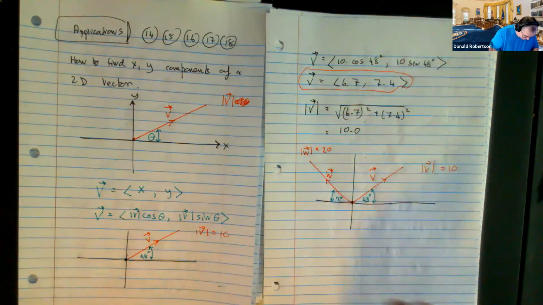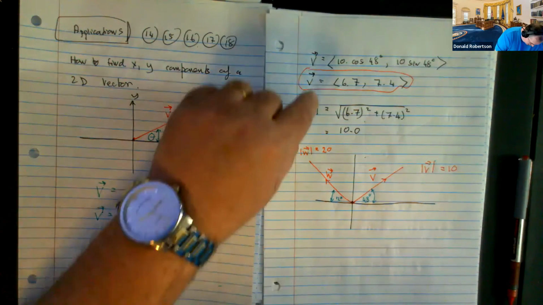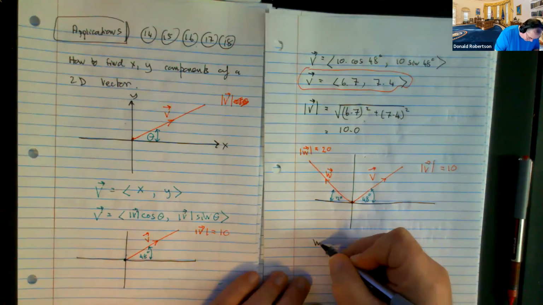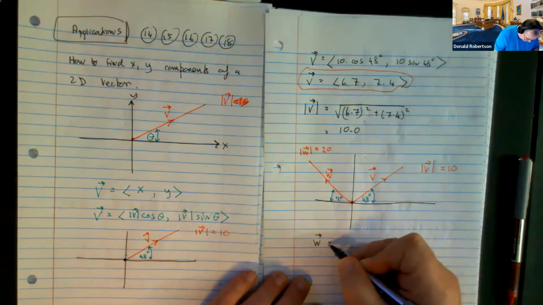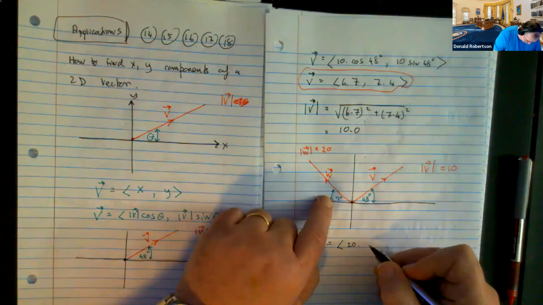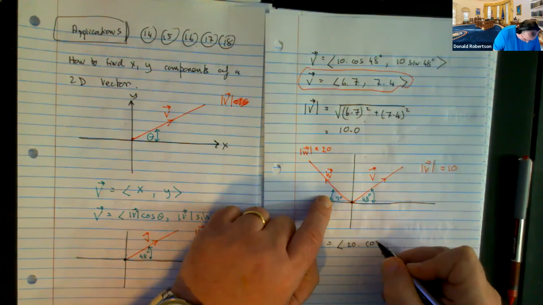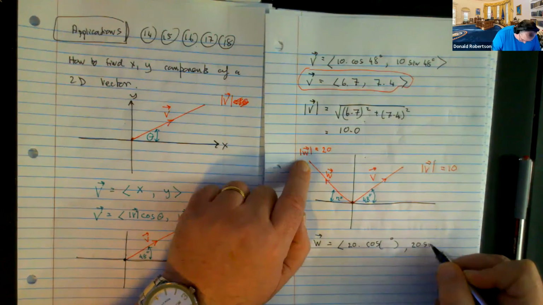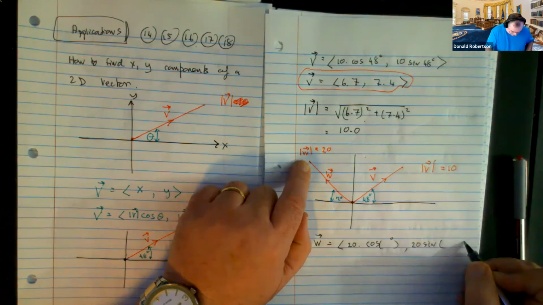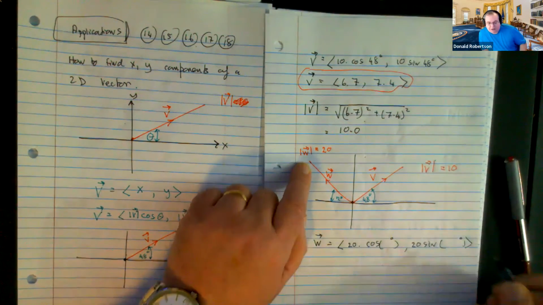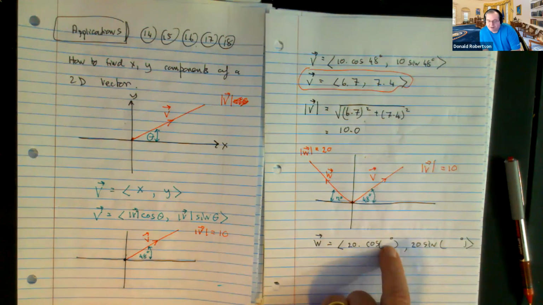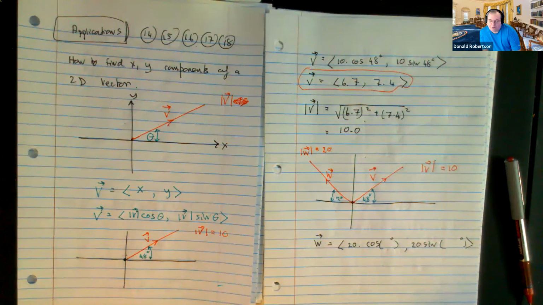Now, that means I have to find out who W is. I already got that one. So what do I know about the vector W? Well, it's going to be 20 times the cosine of the angle, and 20 times the sine of the angle. I'm not writing the angle down for a second because there's a mistake you could make. You could easily put 12 degrees in both places, but that's actually not the angle theta.